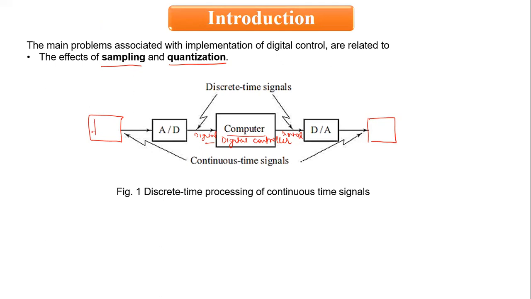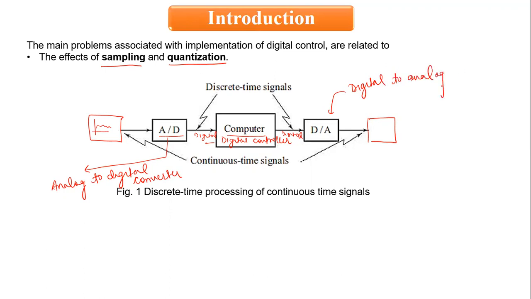The analog signal which is available to us is converted using an A to D converter. So this is our analog to digital converter, and this is the digital to analog converter.